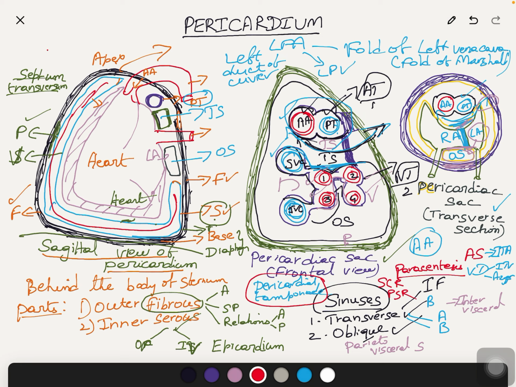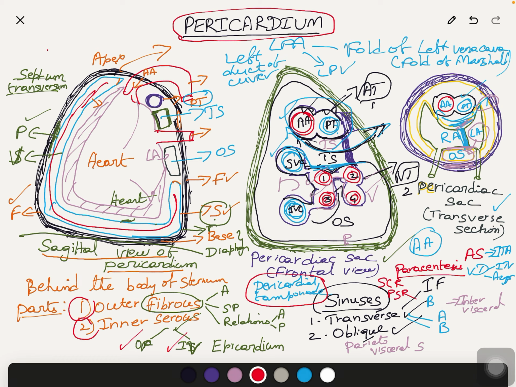So we have completed the pericardium topic, an important topic for you, again in detail in this class. We have learnt the shape of pericardium, situation, parts of pericardium, outer fibrous and inner serous. Again we learnt the outer fibrous in detail, including the relations of the fibrous pericardium, and the inner serous pericardium consisting of outer parietal and inner visceral layer.